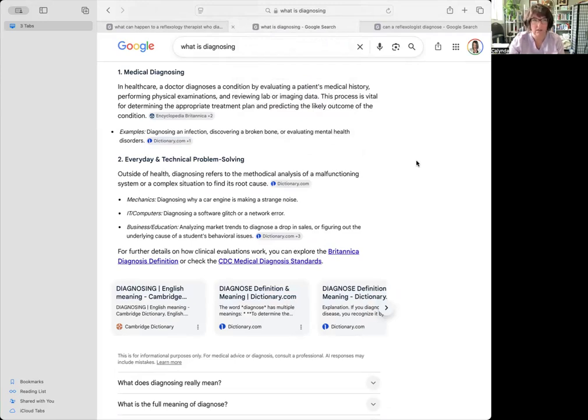So medical diagnosing in healthcare, a doctor diagnoses a condition by evaluating a patient's medical history, performing physical examinations, and reviewing lab or imaging data. The process is vital for determining the appropriate treatment plan and predicting the likely outcome of the condition. Now, a reflexology therapist does not have medical imaging equipment in most cases, right?